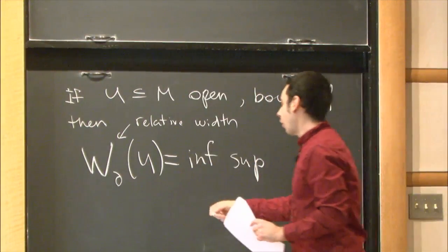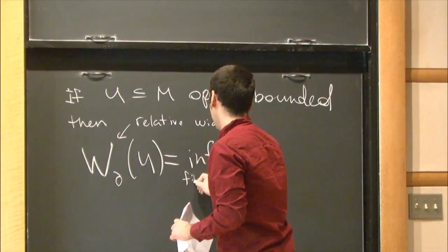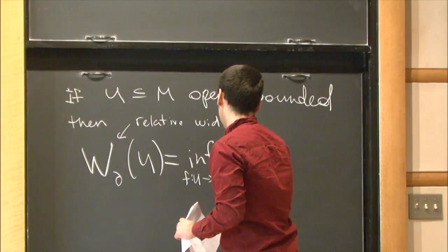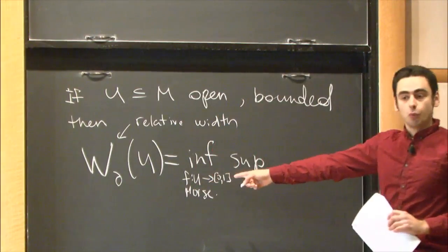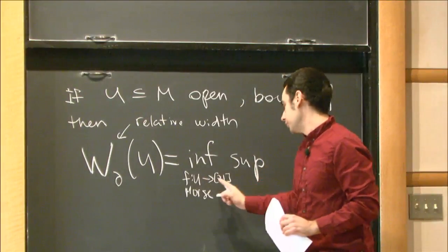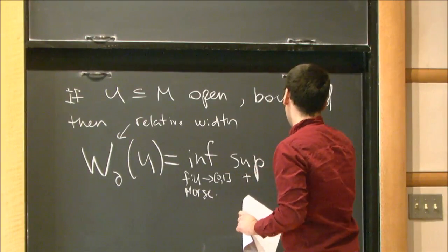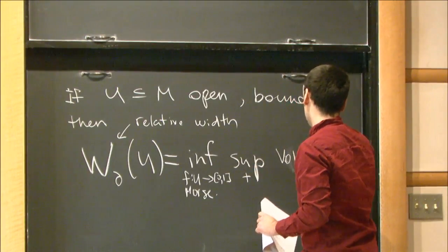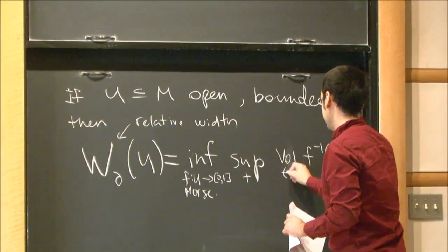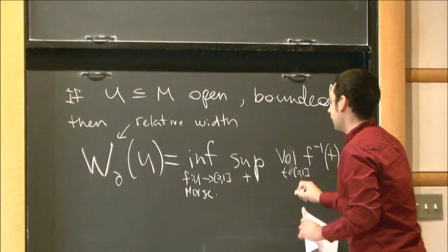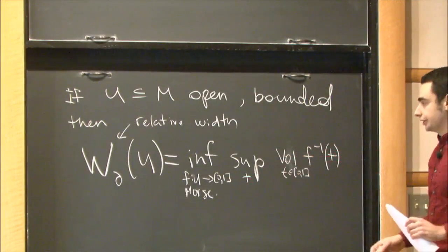We will consider all maps F from U into [0,1]. We will restrict to Morse functions from U into [0,1], and we will look at the supremum of the area or volume of the preimage of t between 0 and 1. And we will minimize that supremum among all such functions.